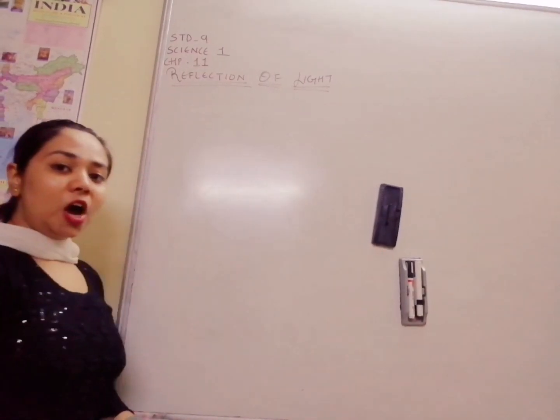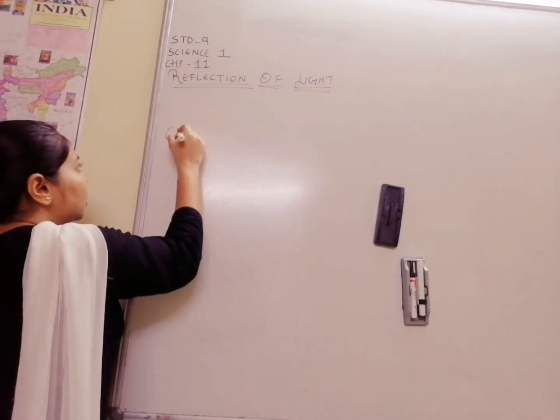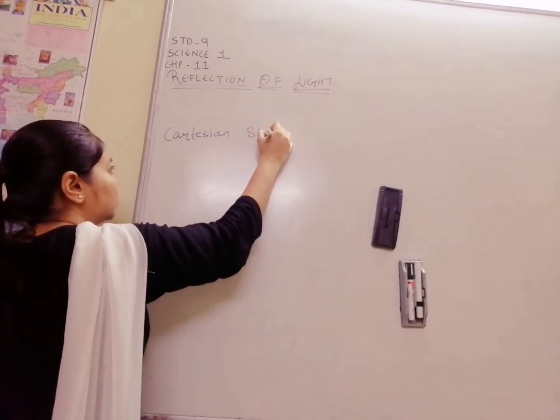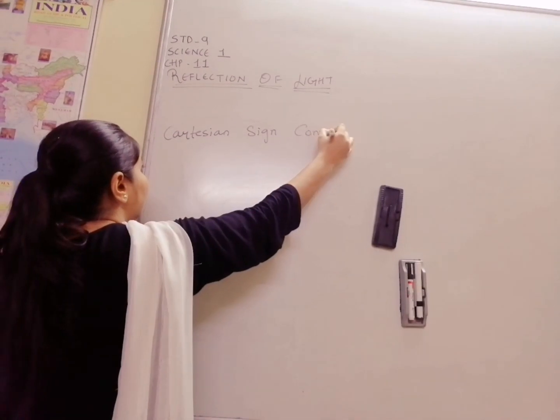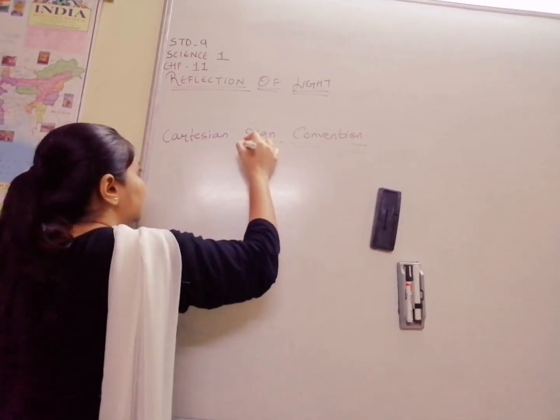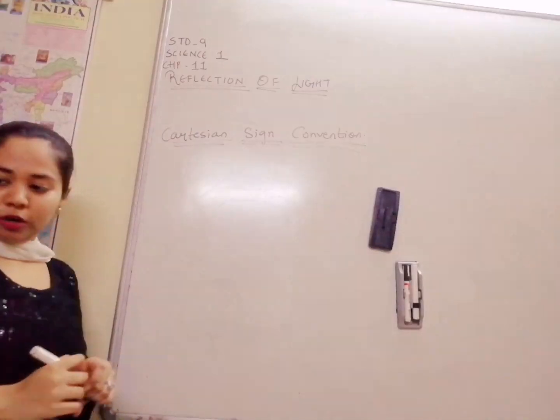Okay, now moving on to the next part in this chapter, we have what? Cartesian sign convention. Cartesian sign convention of the two spherical mirrors. Okay, so let us take one concave mirror.